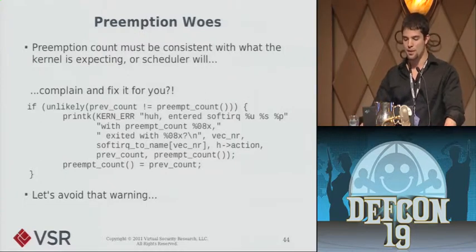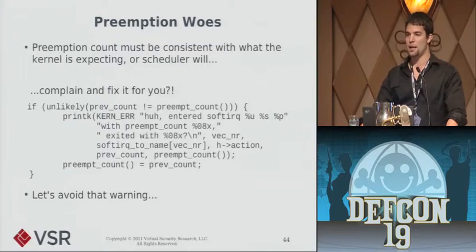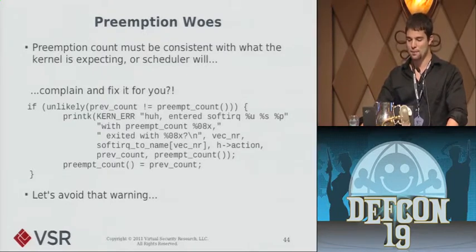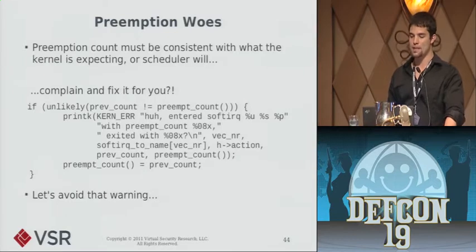More recently, they put in a check where if it's not what it expects it to be, it actually just complains a little bit and fixes it for you, which is really nice for exploitation and saved me a lot of trouble when I was first getting this up and running. But for the sake of completeness, we'll avoid that warning because we don't want anything to be logged.